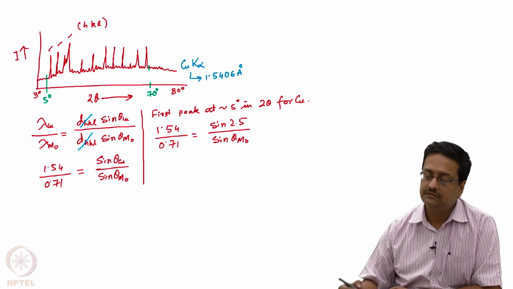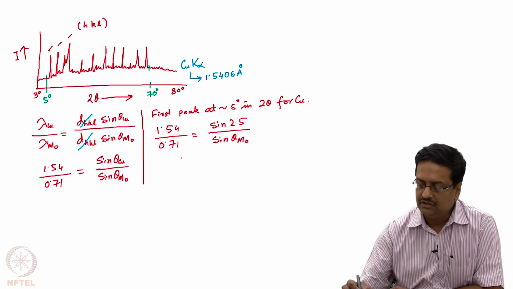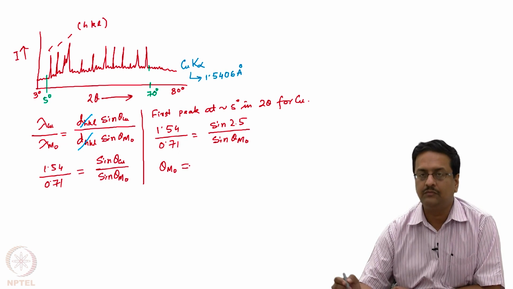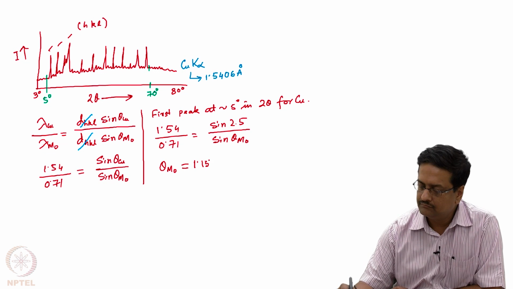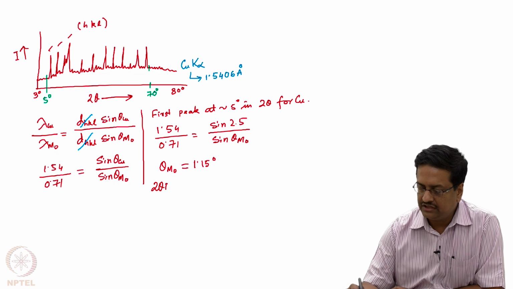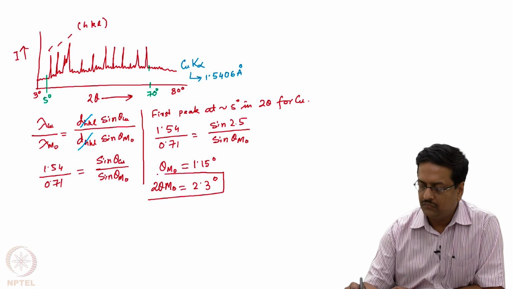For this first peak, theta Mo can be calculated, which means 2 theta Mo is 2.3 degrees. Note this number.